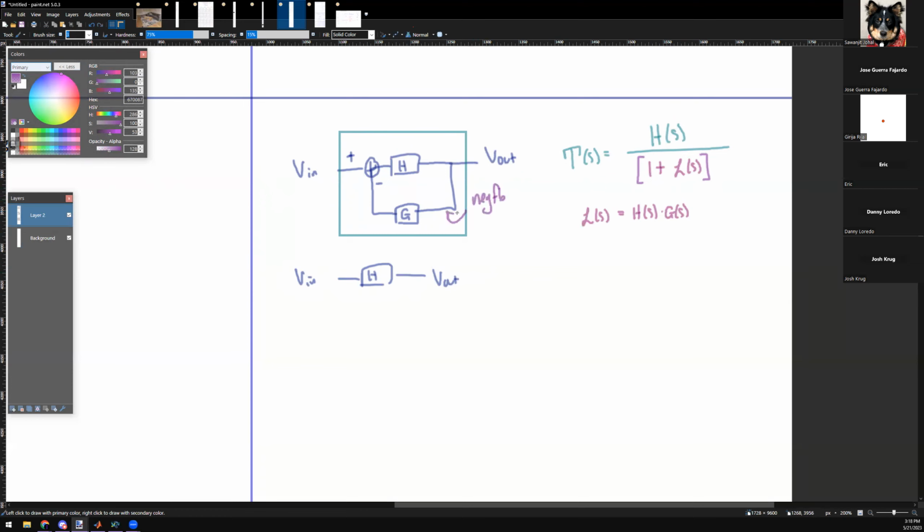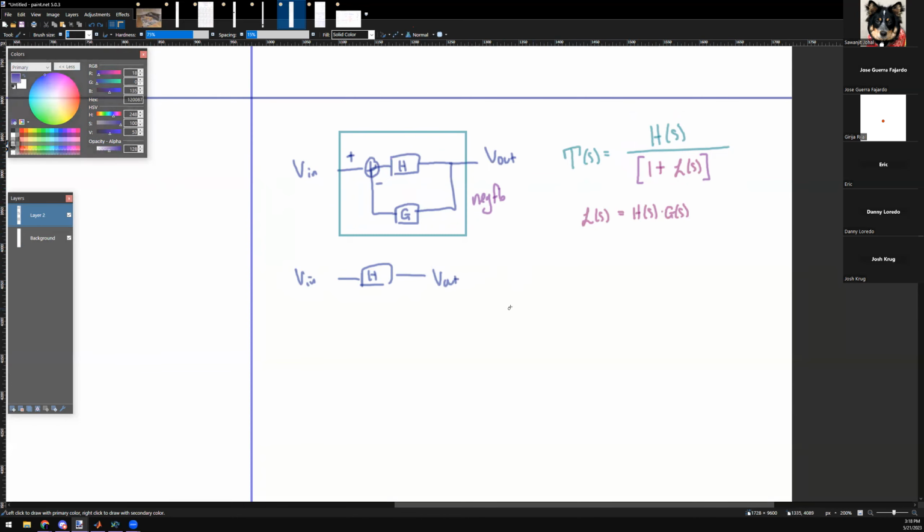This assumes negative feedback, so L of s is already assumed to be the negative feedback version. What happens to my gain is that it gets reduced by this factor. You see that?